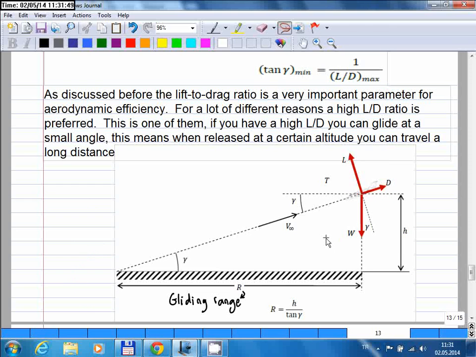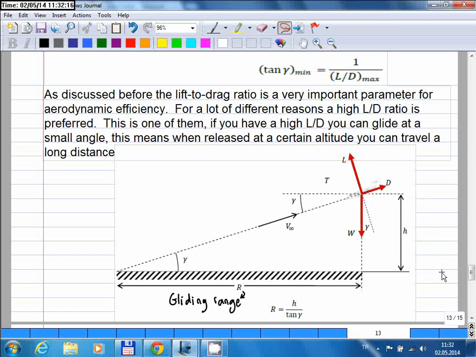For gliders, obviously it's the only thing they do, so that's very important, and they are optimized for gliding performance. But even for regular aircraft, you have to take gliding performance into account, because in case of an emergency, you may have to glide without engine power, and you need to have a good gliding performance. It will be a nice thing to have.